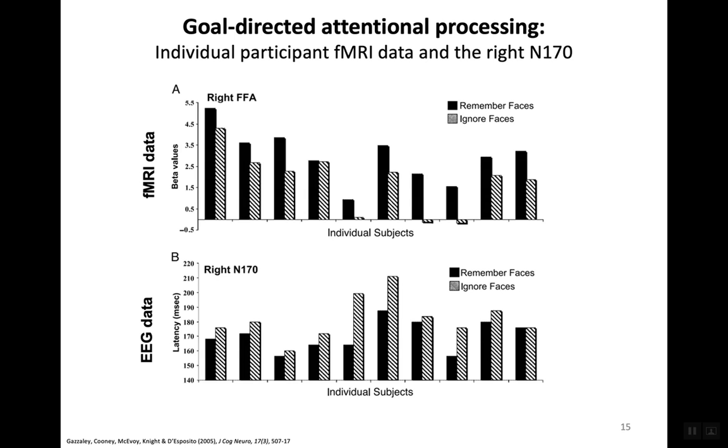And what Ghazali and colleagues found is that the estimate of occurrence of this component, N170, of this deflection, varied systematically with those two conditions. To be clear, whenever participants were asked to remember faces, N170 was systematically faster than when participants were asked to ignore faces, or rather to pay attention to scenes instead of faces.